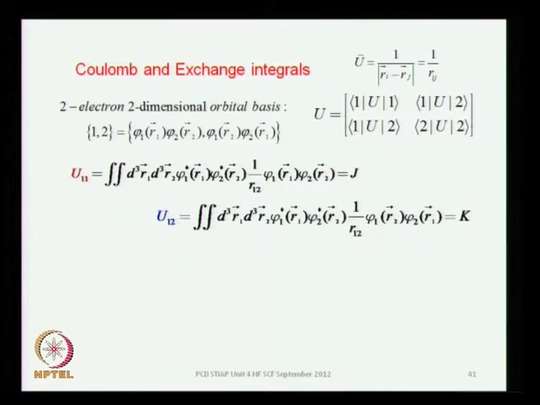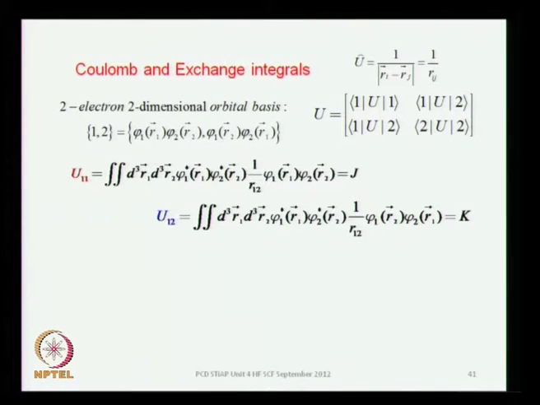What about u12? u12 is the integral in which you must sandwich the Coulomb operator, which is the 1 over distance operator, between these two states, between the first and the second, right. So, this is phi 1 star r1 phi 2 star r2, but here you have got phi 1 r2, that is the interchanged, right, and this is phi 2 r1, and this is again a double integration, but each integration is an integration over 3 variables.